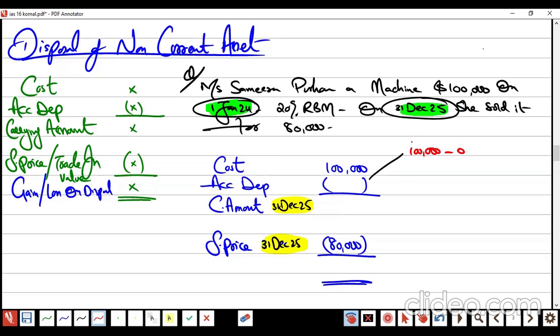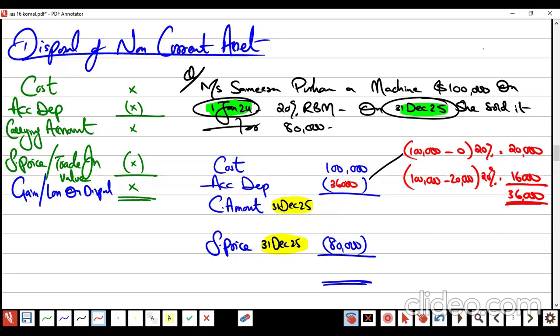Reducing balance. First year is 0 and like this, second year will be like this. Accumulated means the total of the depreciation at the time of disposal. The total depreciation at the time of disposal is 36,000. Am I right? What is the answer now?